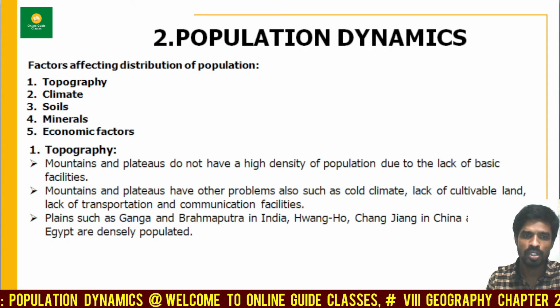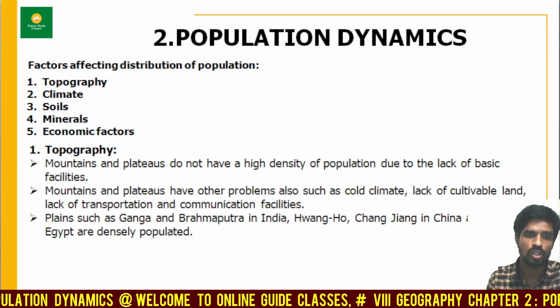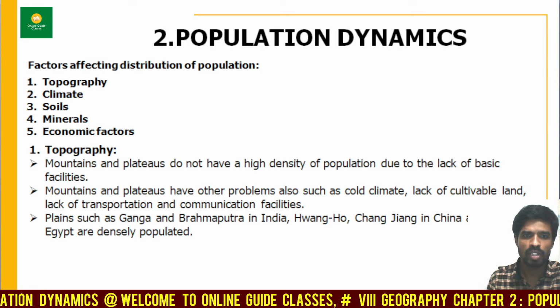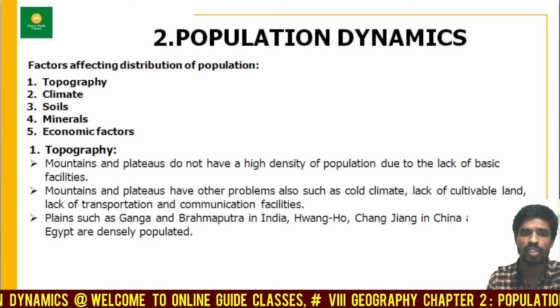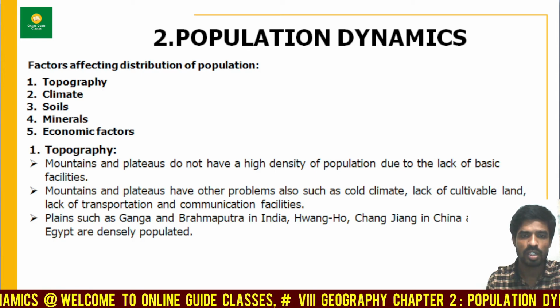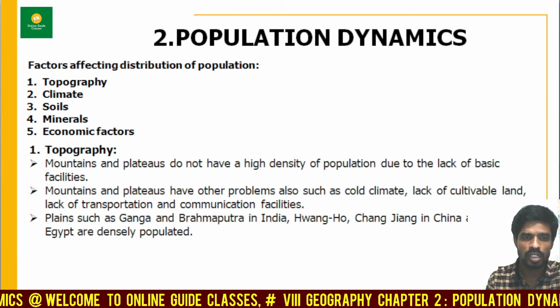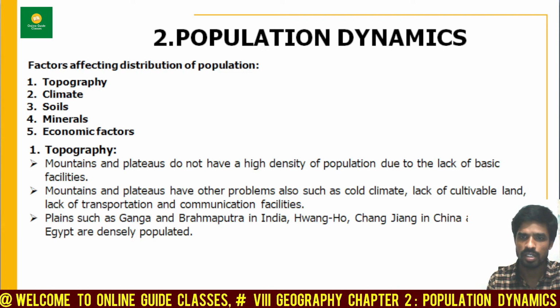Why are people migrating to different parts of the world? Let us understand. Topography plays a vital role. Mountains and plateaus do not have a high density of population due to lack of basic facilities. Topography means the landforms. In mountains and plateaus, the density of population is very low. Why?